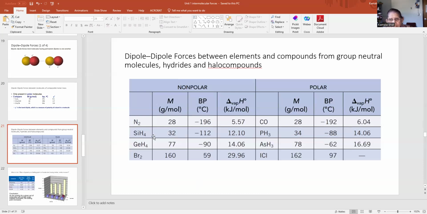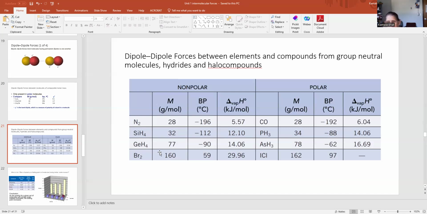And for silane, it is 12.10. And for the halo compounds, bromine, the molecular mass is 160. The boiling point is 59. The enthalpy of vaporization is 29.96. And for the ICl halo compound, 162 is the molar mass and 97 is the boiling point.